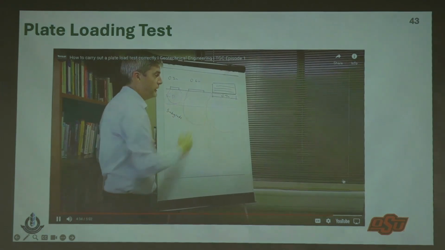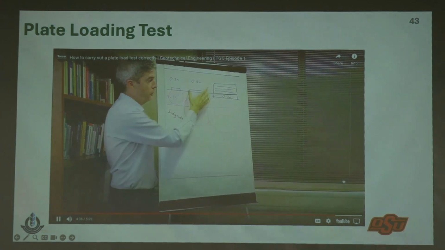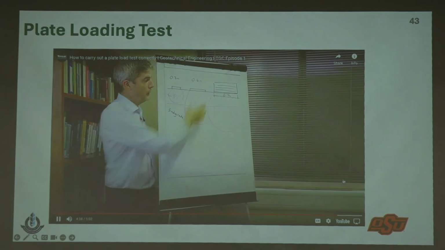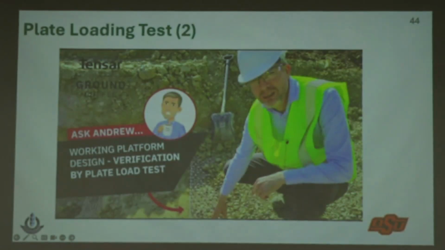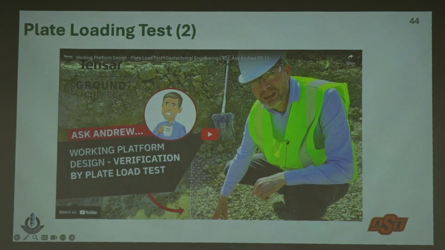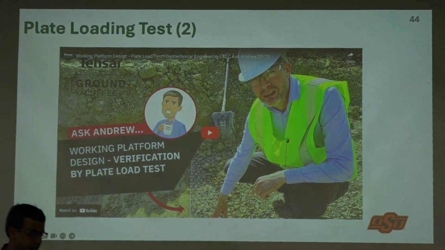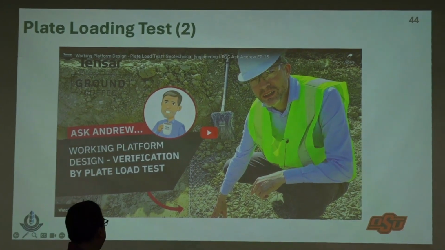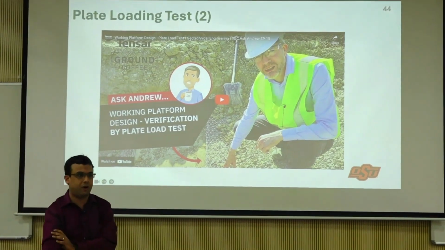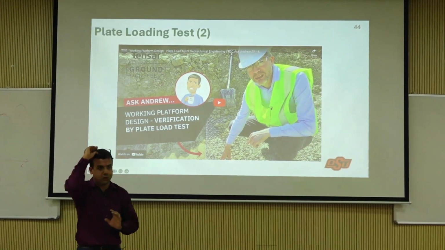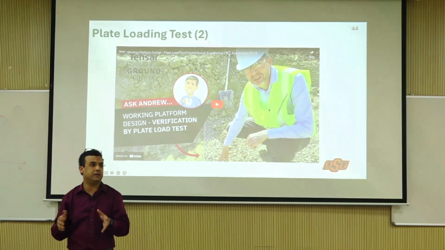But for verifying the design and the safety of the working platform, clearly you need to have a plate size as close as possible. I think we can skip the remainder of that. But that was the bottom line I wanted to make, that you should be using a plate load test of the right diameter so that you know what you're trying to study, right?